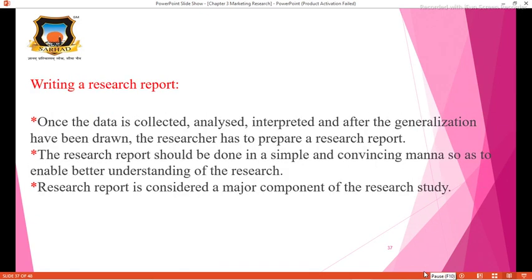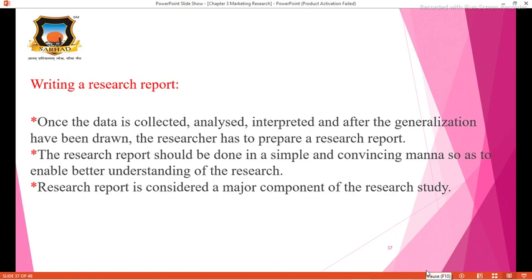The last step of the research process is writing a research report. Once the data is collected, analyzed, and interpreted, and after generalizations have been drawn, the researcher has to prepare a research report. A research report should be done in a simple and convincing manner.